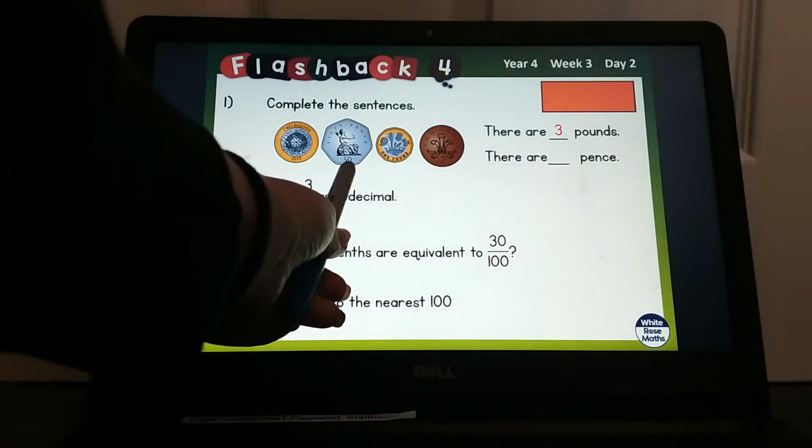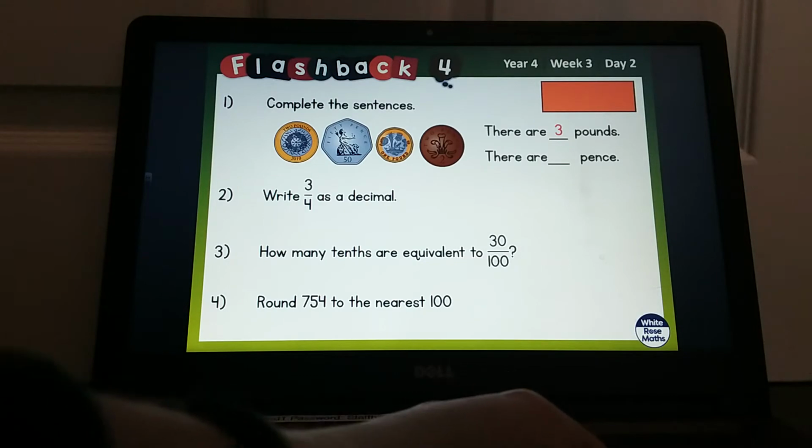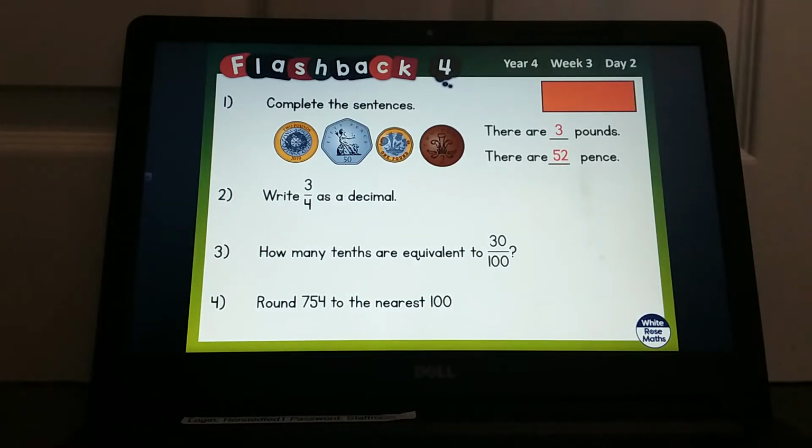I have a 50p coin and a 2p coin. So altogether that gives me 52p. And we know from our previous learning that £3 and 52p can be written as a decimal in pounds as 3.52 pounds.